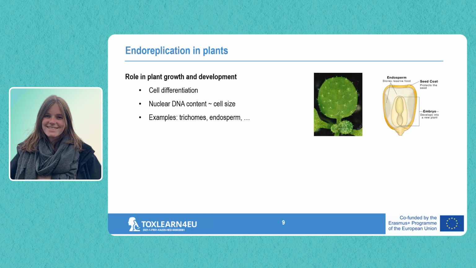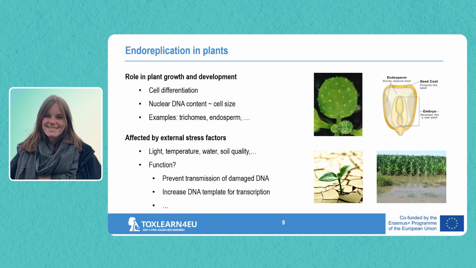Another example of a tissue in plant cells where endoreplication takes place is in the endosperm. So this is some sort of food reserve that is stored within the seed to make the plant embryo grow. But endoreplication is also often induced in plants under stress conditions.